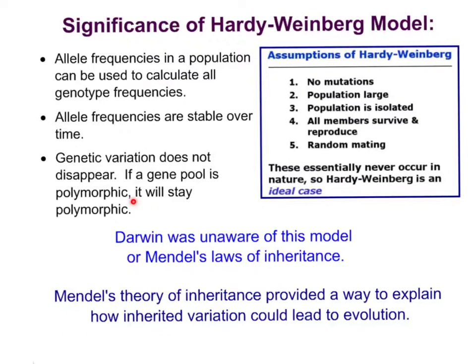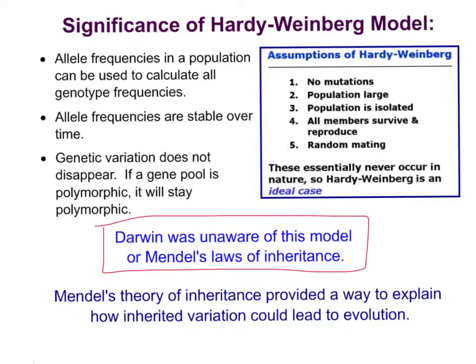One other really important thing to mention: Darwin was unaware of this model. He came up with his ideas prior to the Hardy-Weinberg model being developed. He was also unaware of Mendel's laws of inheritance. So when he was writing his theories and his ideas, he did not have the benefits of these two very powerful ideas.